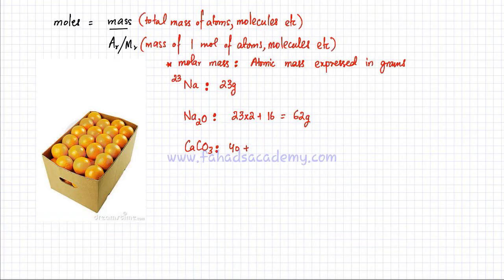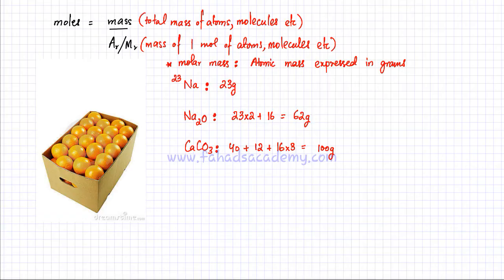So I have 3 oxygens, so that's 16 into 3, so that's 48, plus 12, that's 60, plus 40, that would be 100 grams. So you can pretty much figure out the AR or the MR of substances by just looking at the periodic table and expressing the molecular mass or the atomic mass in grams, and that would give you the mass of 1 mole of atoms.